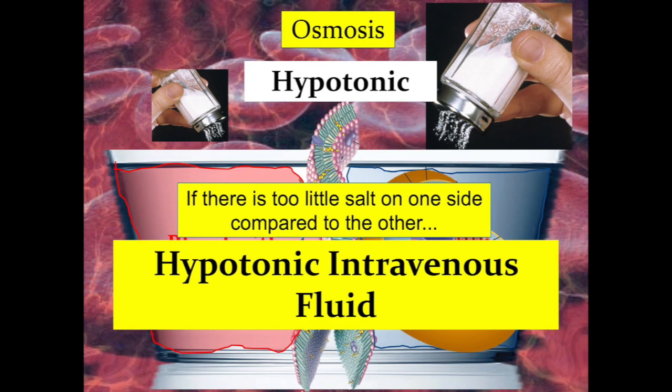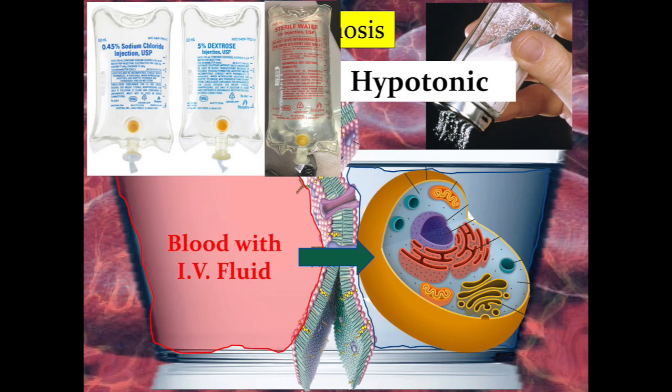And there are hypotonic intravenous fluids that we can give the patients. Examples are half normal saline, which has about half the concentration of sodium as normal saline, and then there's dextrose 5% in water, also called D5W. So these are two hypotonic solutions.